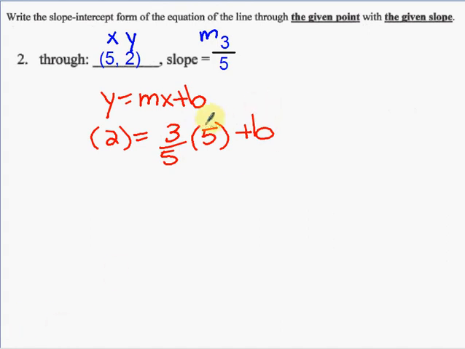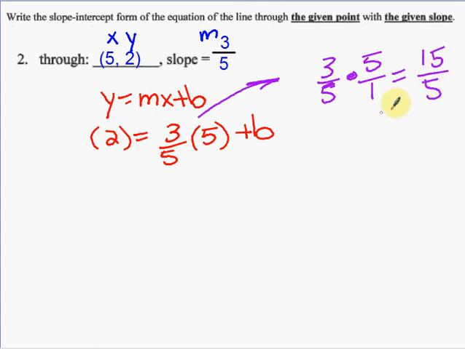Now I'm going to do a little bit of side work here because I have this fraction. So I'm going to draw an arrow only to show you that this is where it's coming from. I have 3 over 5 times 5, or you can think of it as 5 over 1. When I multiply here, I get 15 over 5, which is 3.